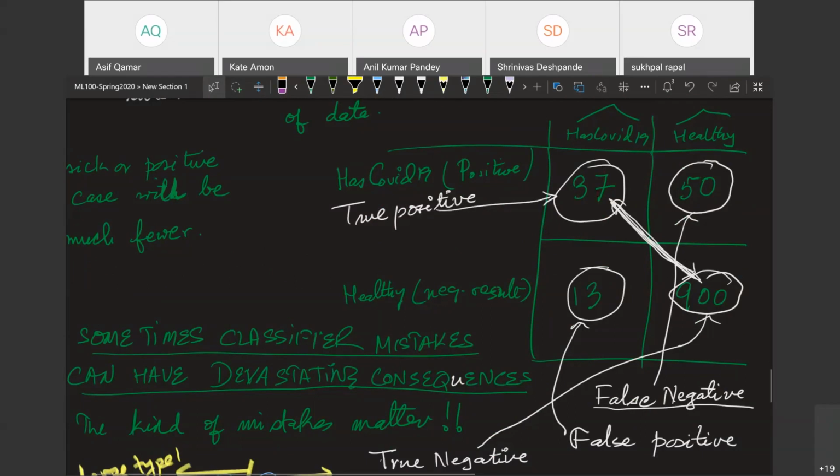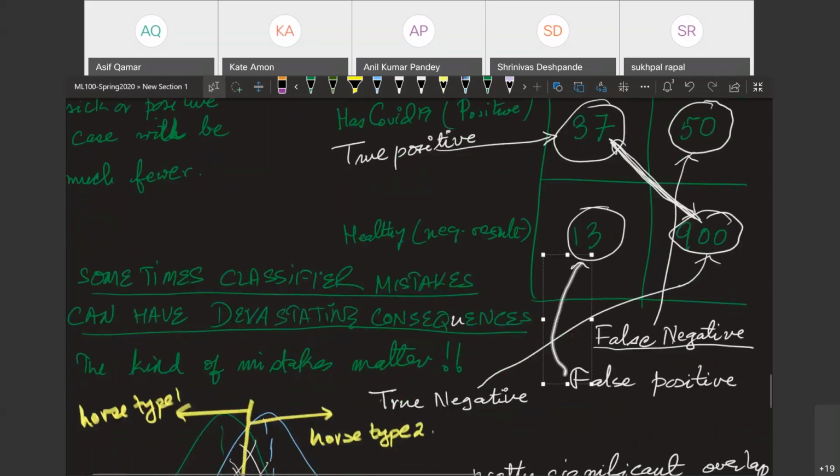Suppose 37, by the way, was the actual number of people who were found to be positive. The rest of the example numbers are contrived. Let's say that 900 didn't truly have it, but, God forbid, we had 50 false negatives, people who did have it, but perhaps at such an early stage that it wasn't detected, and healthy people who were scared into the belief that they do have COVID.